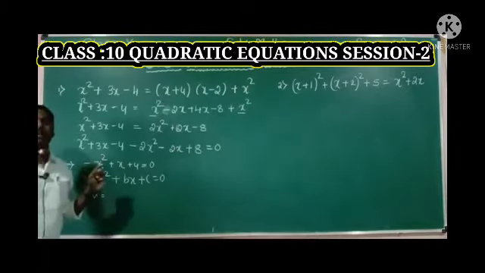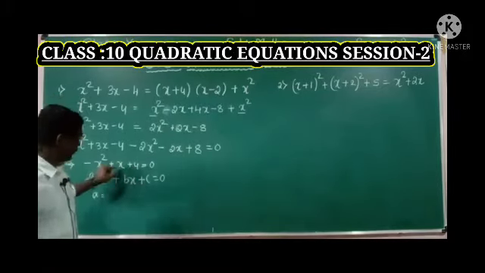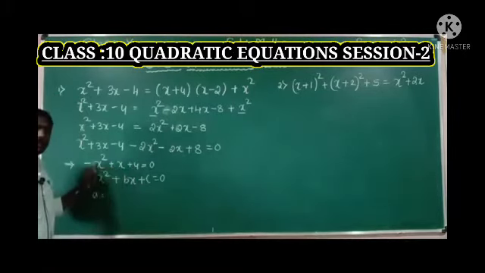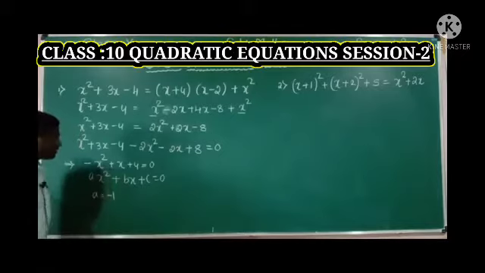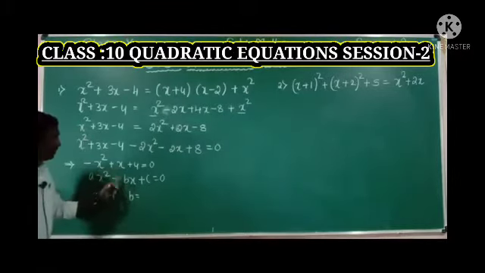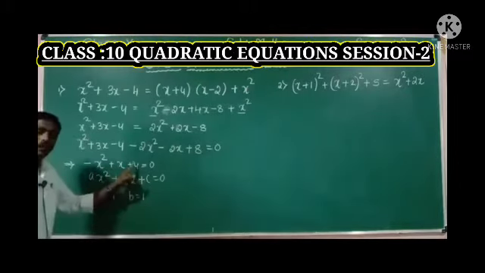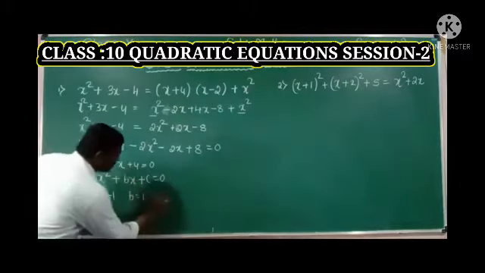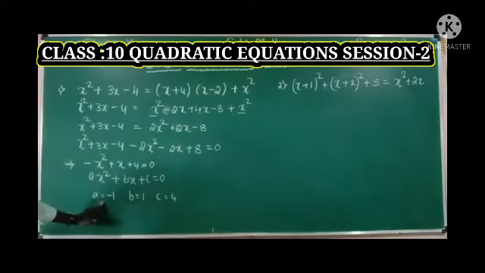The coefficient of any variable is always equal to 1, right? So the coefficient of x square is 1, but a negative sign is there, meaning the coefficient of x square is minus 1, whereas the coefficient of x is 1, and c indicates the constant term. So the constant term is 4. So these are the values.